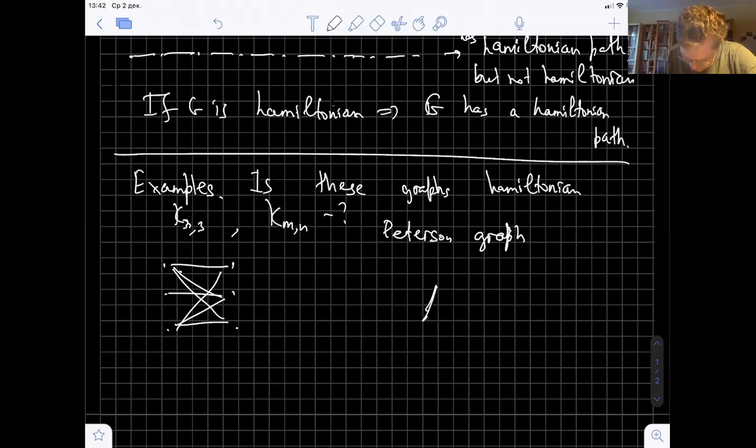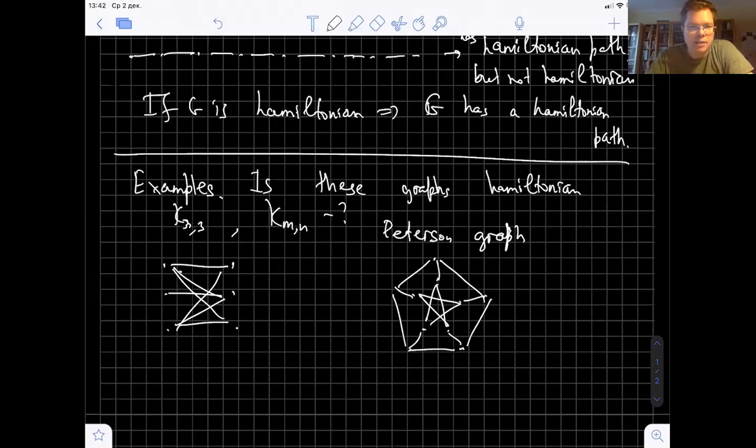I don't know if you previously made this graph in the first course. It has 10 vertices, and we can draw this picture: a star and a pentagon. Again we can ask ourselves if this graph is Hamiltonian.